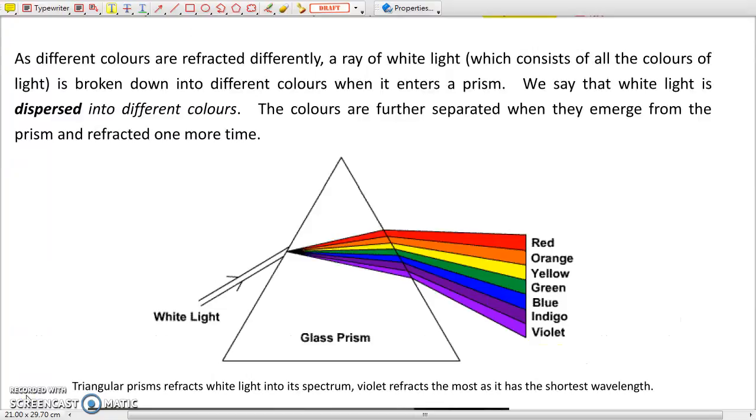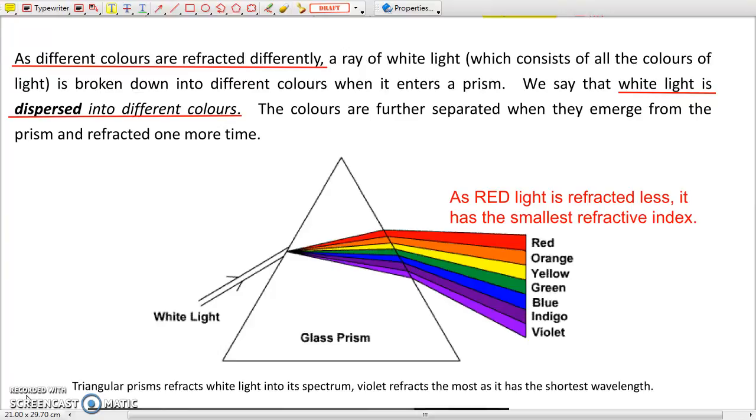When a ray of white light enters a prism, different colors of light bend differently. Red is deflected less, while violet is deflected more. In other words, refractive index of red light is smaller.